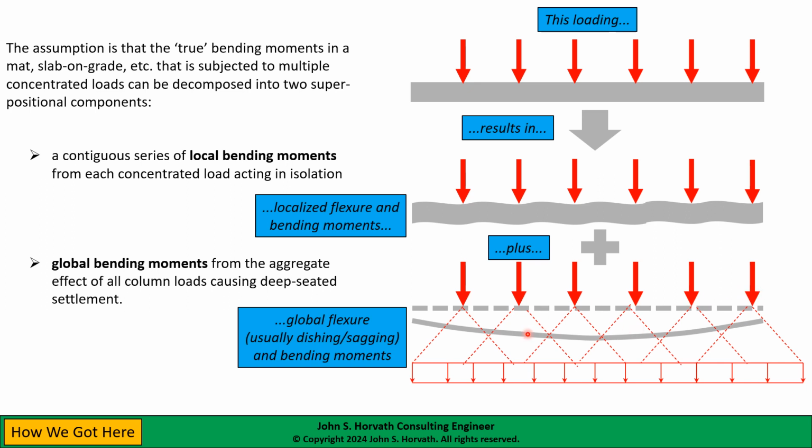All right, we know that with depth these isolated loads are going to overlap and are going to produce a more or less uniform stress at depth. And this produces what we call global flexure, which typically has the shape of what we call dishing or sagging. Rarely do we get the upside down smile or frown type of look that we call hogging.